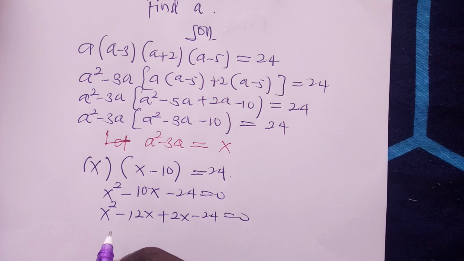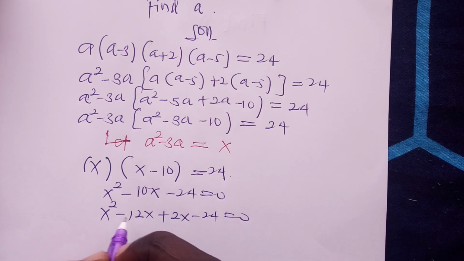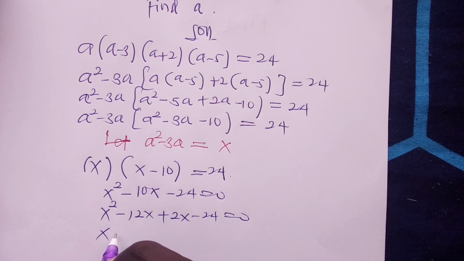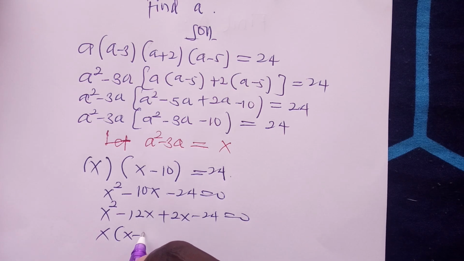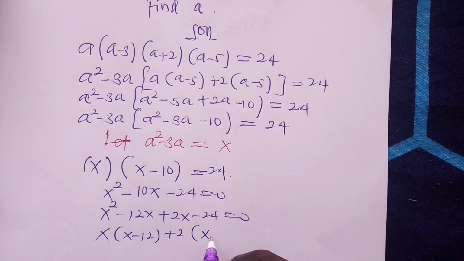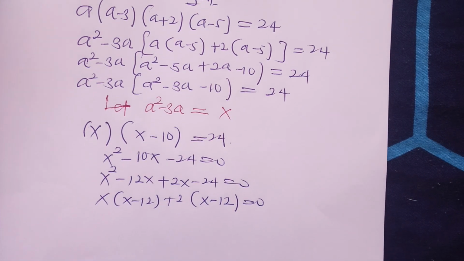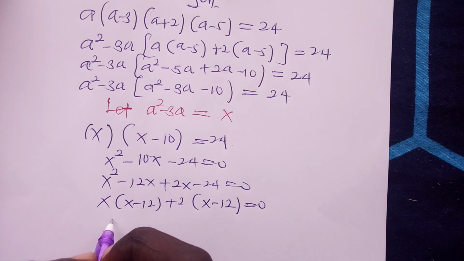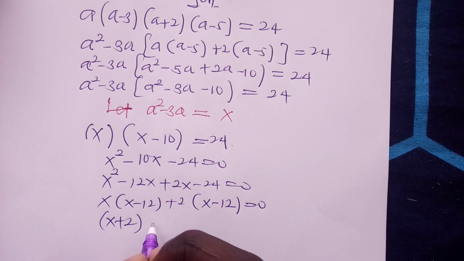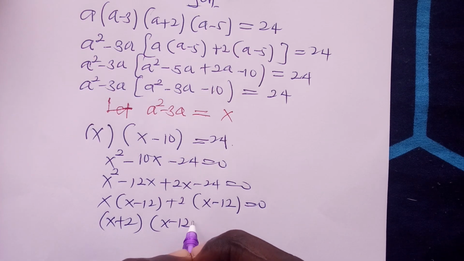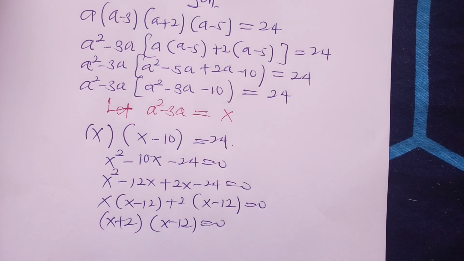Then if you are grouping them, we say what do you think is common? By factorization method, we say x is outside, we say x minus 12. What remains, it is plus 2 into what common here, it is x minus 12. Then everything becomes 0. Then it continues. We have now x plus 2 into x minus 12. Then everything becomes 0.